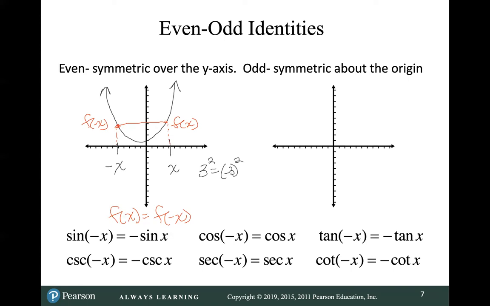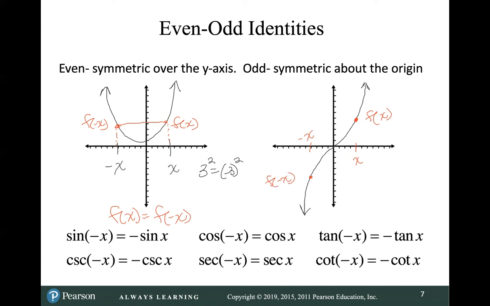For an odd function, and I'll use a cubic function, if we do the same thing, if I have x and I have negative x, this time our function values, f of x and f of negative x, okay, these are just sketches, I'm not doing these exact, have opposite values.